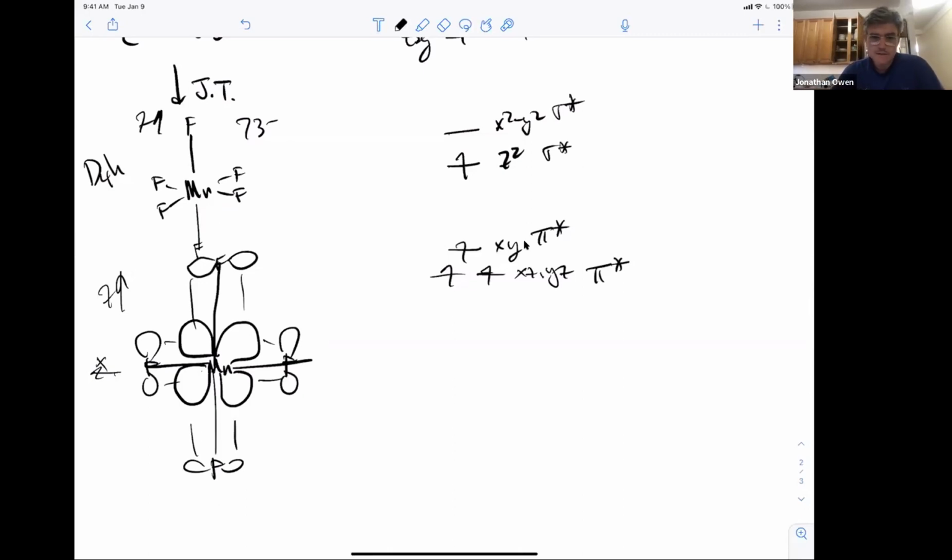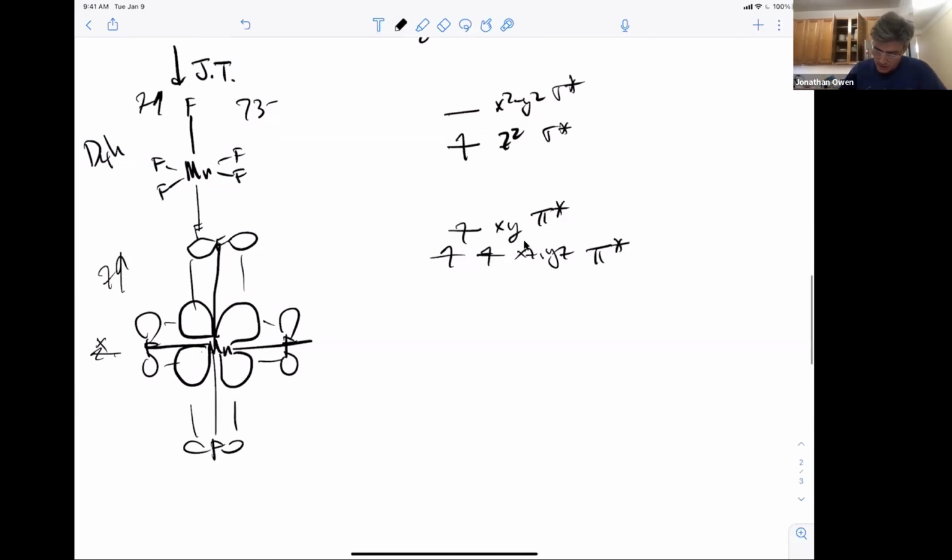Okay, thank you. All right, so let's do one more example of this, and then we'll talk about the differences. So chromium hexacyanide, 4-. This is also D4.